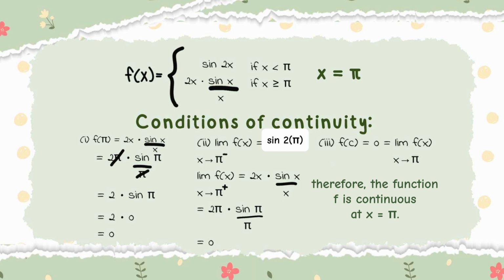The answer is 0 also. Now, let's move on to the third condition. As we can see, the value of f of pi equals 0 and the limit of f of x as x approaches pi equals 0. Therefore, the function f is continuous at x equals pi.